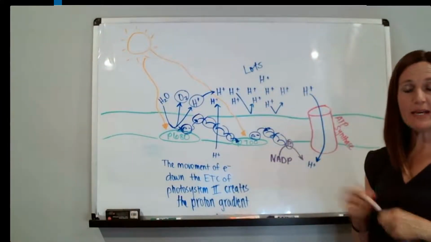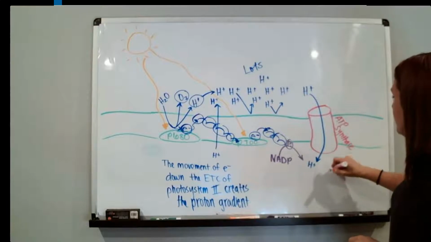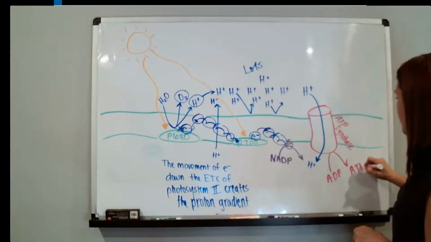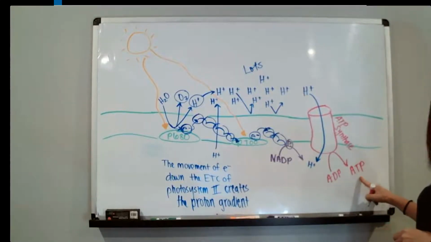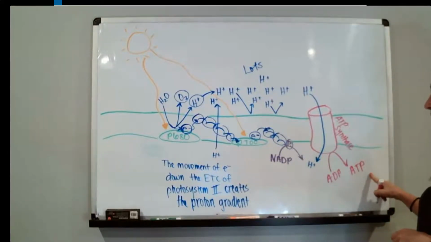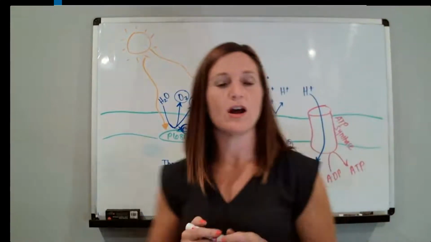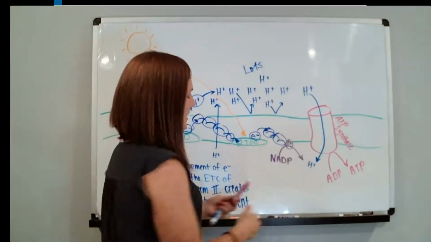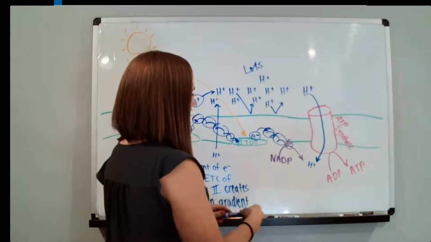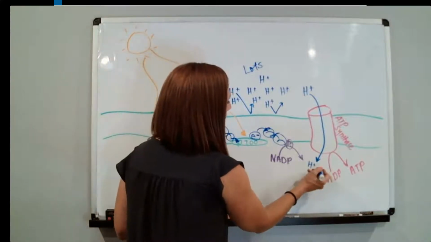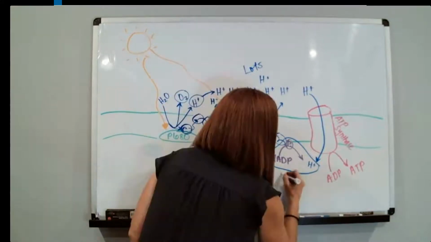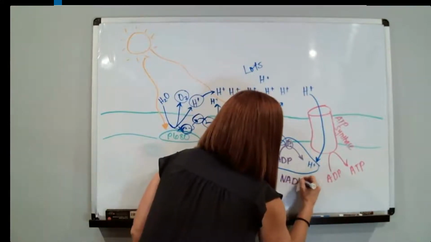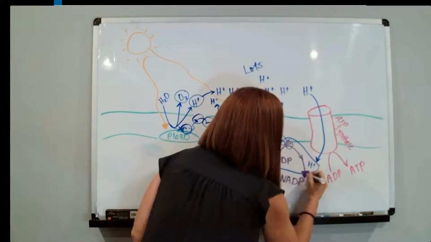Remember, when ATP is made, it changes from ADP to ATP, adenosine diphosphate to adenosine triphosphate. So now we have our NADP, our electron, and our hydrogen, and all of these things together make NADPH.